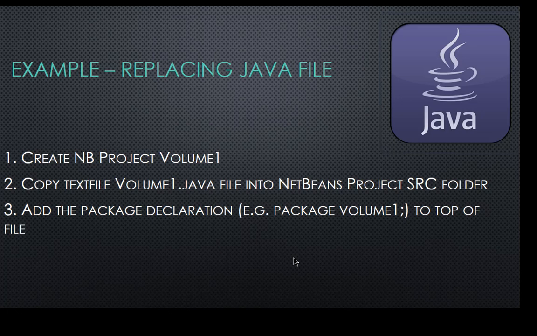We minimized NetBeans, and then we used File Explorer to copy the textbook file volume1.java into the NetBeans project source folder, package name volume1. Once we replaced our empty main with the volume1.java file from the text, we added the package declaration to the top of the file.